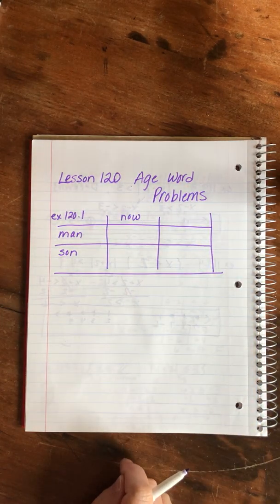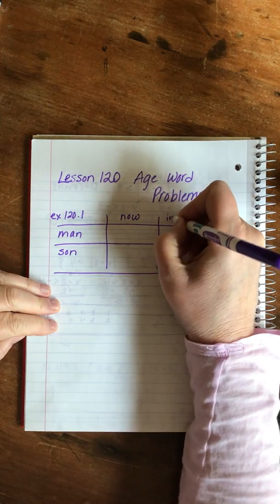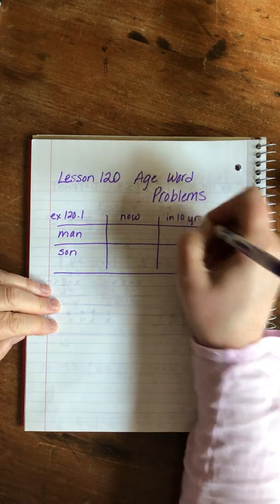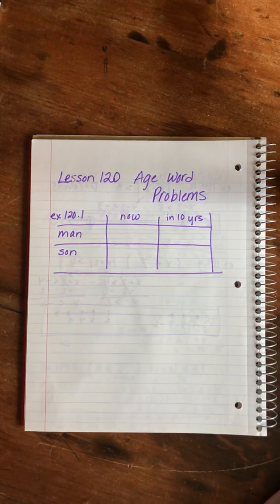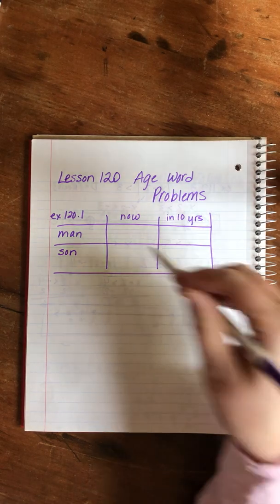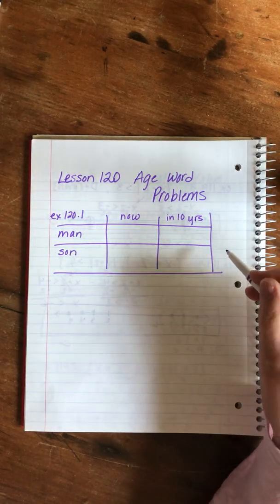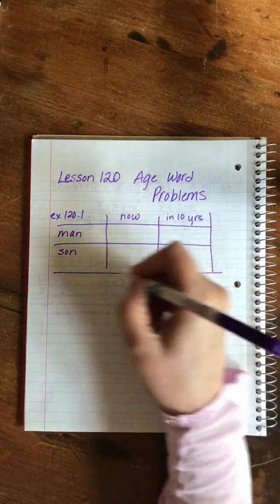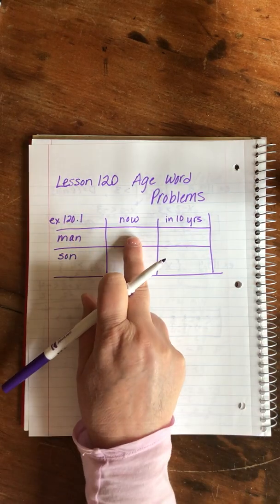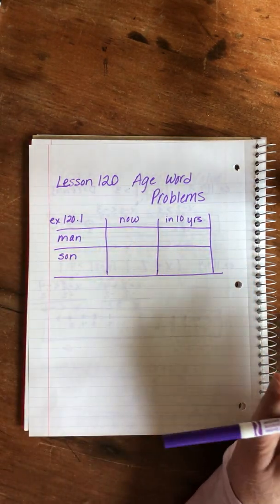What's the other one? In 10 years. Okay, so in the columns, I'm writing the time frames. And that will change from problem to problem. But as you'll see, as long as we put them in order, past, present, and future, it'll all make sense.